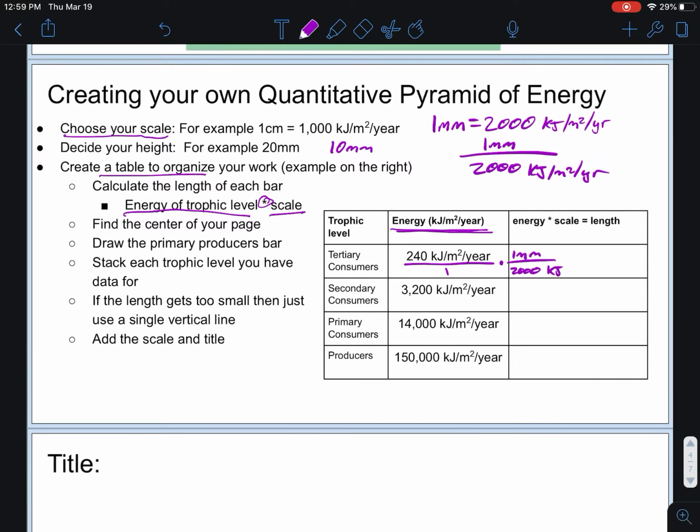Do this for each of them. 3,200 times 1 millimeter per 2,000 kilojoules per meter squared per year. I get 1.6 millimeters. 14,000 times 1 millimeter over 2,000 kilojoules per meter squared per year.